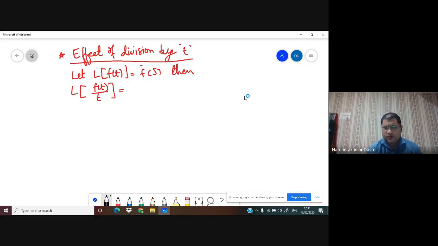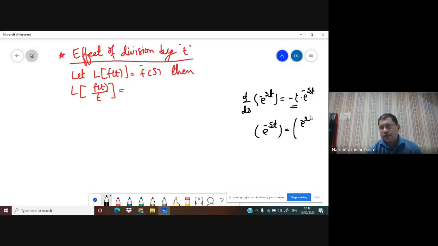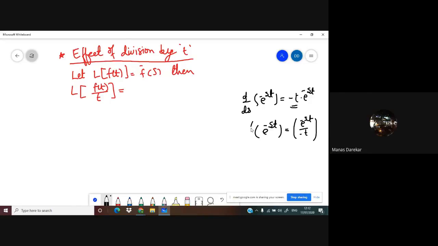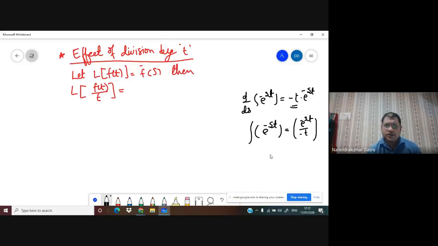See, if I wanted to have t in the multiplication, what I did, I considered d by ds of e raised to minus st. So I got minus t into e raised to minus st. So I got this t in the multiplication. Now here what I want is, I want e raised to minus st term should generate the term like e raised to minus st upon minus t. What do I have to do? Integration. That's correct. So I have to take the integration.